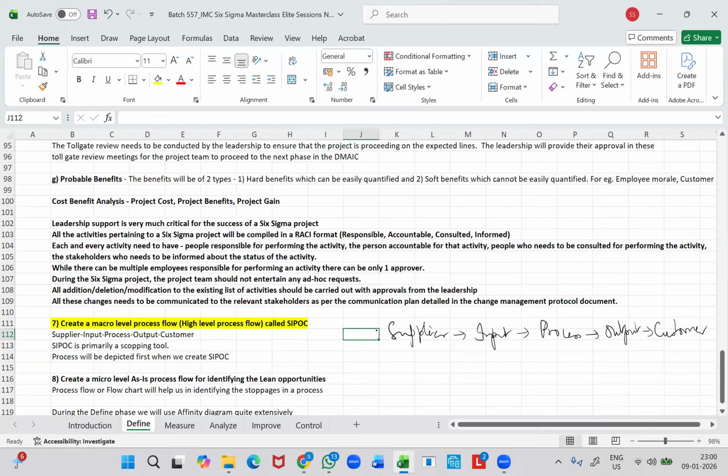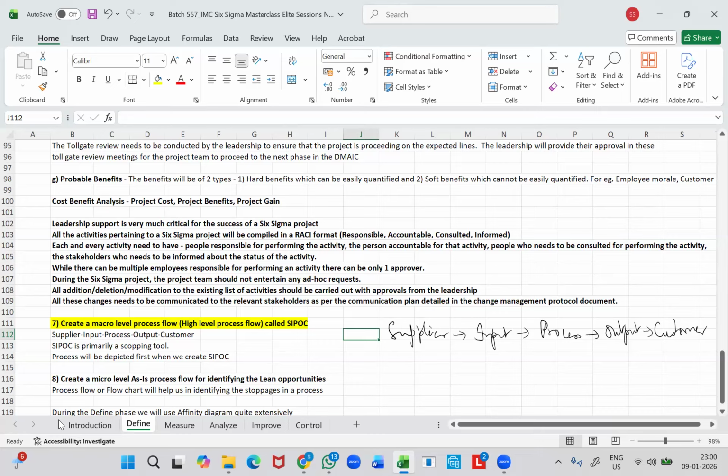And once we have listed down all the inputs, we can also identify the suppliers who would be supplying me with all these inputs. And on the other side, I will also be able to identify the customer who would be consuming my output. So this is how I will create the SIPOC diagram.